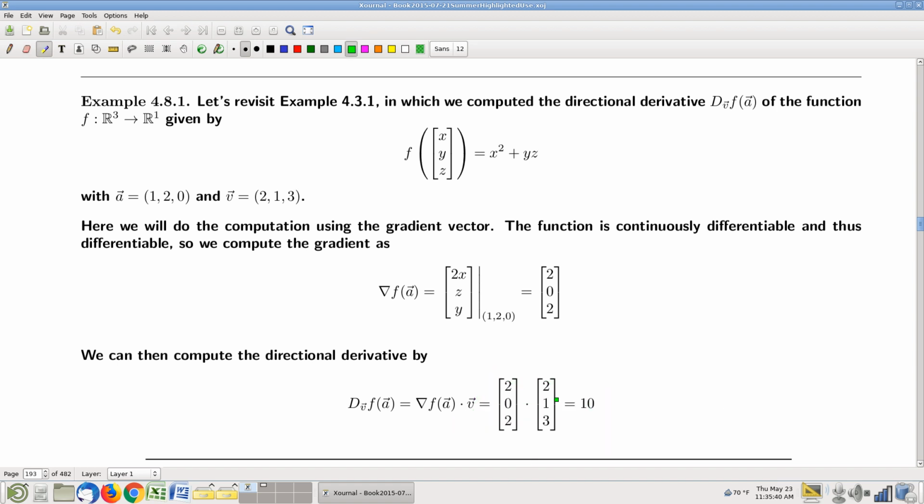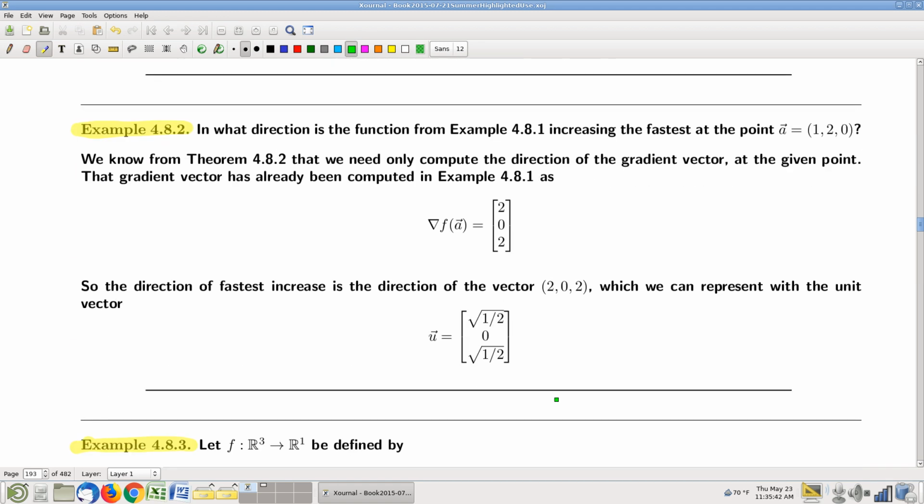Okay. Next example. Let's consider that same function. In what direction is this function increasing the fastest? These are usually very straightforward questions. If the question asks you, what's the direction of fastest increase?